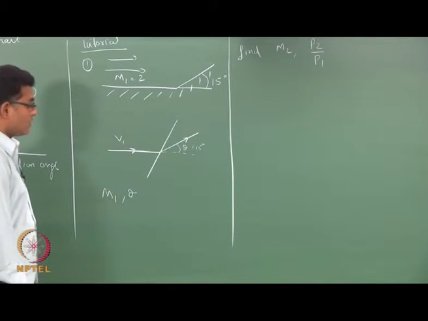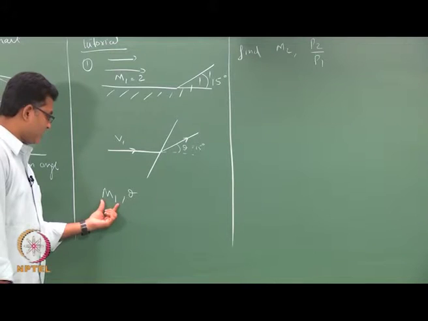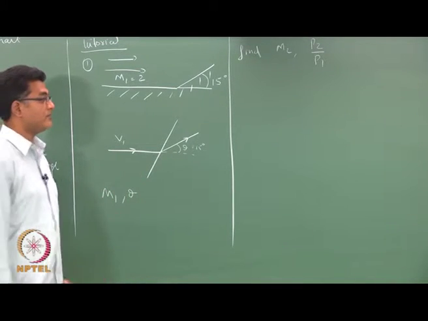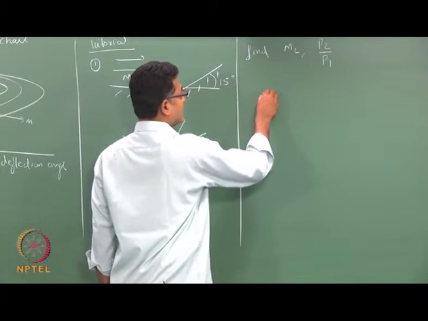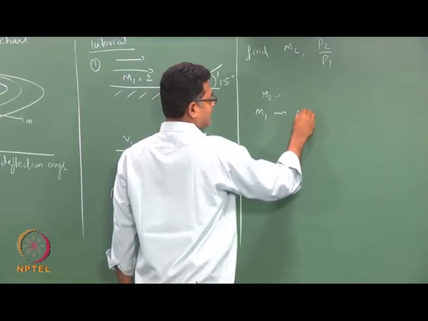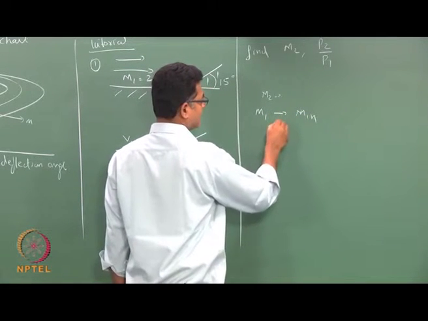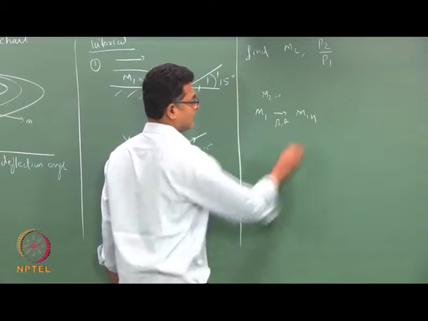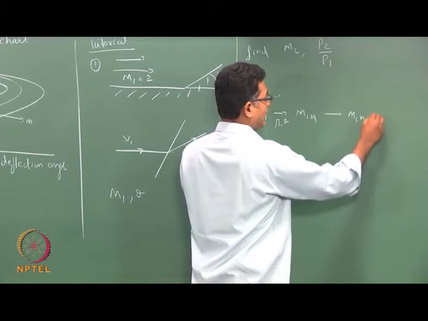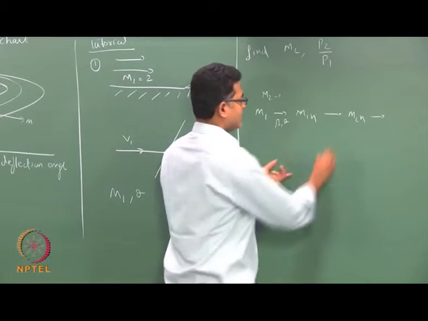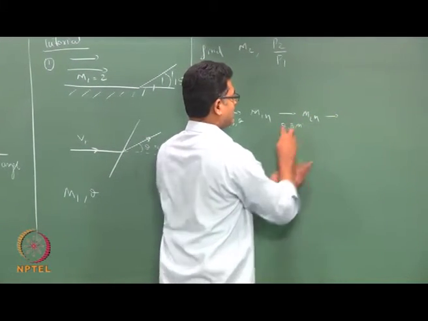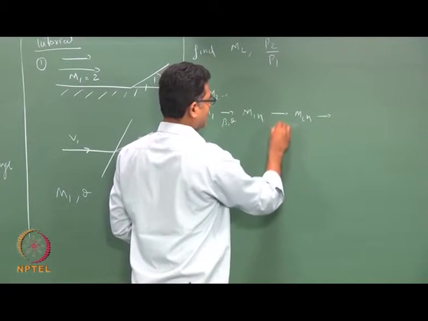Fine. So, for this particular Mach number and this particular theta, what is my beta? How do I find M2? If I know M1, I should get M1n, which requires beta and theta. If I know my M1n, I can find M2n through the normal shock relations.